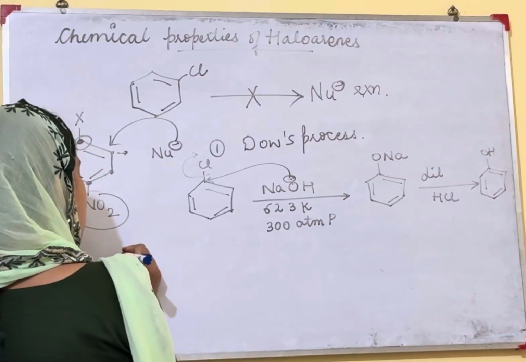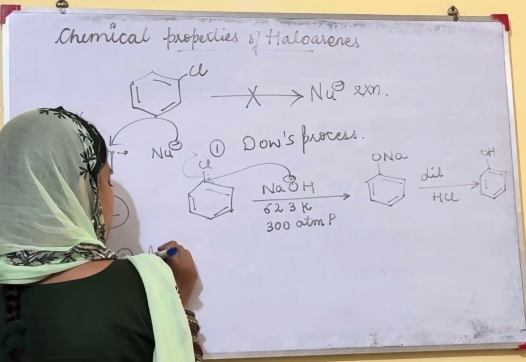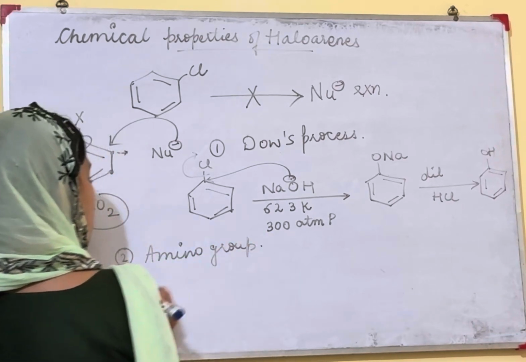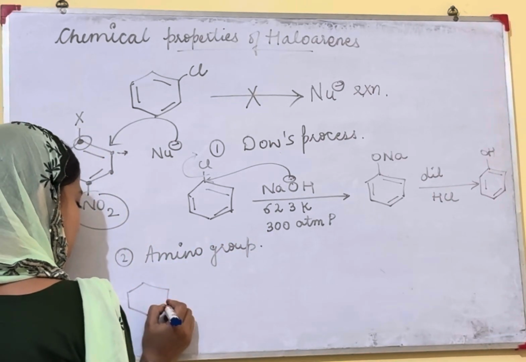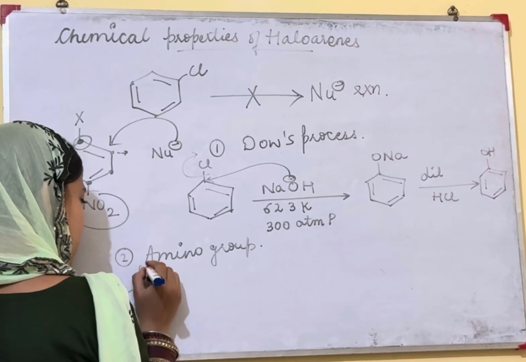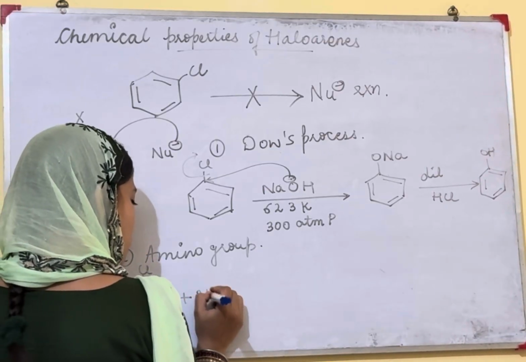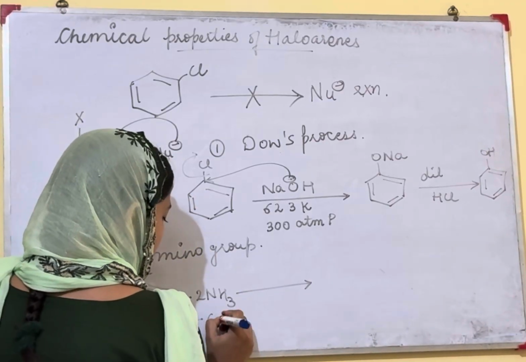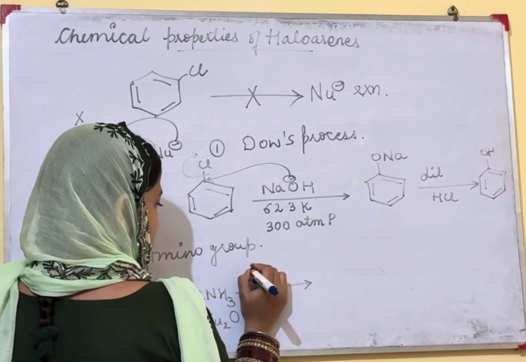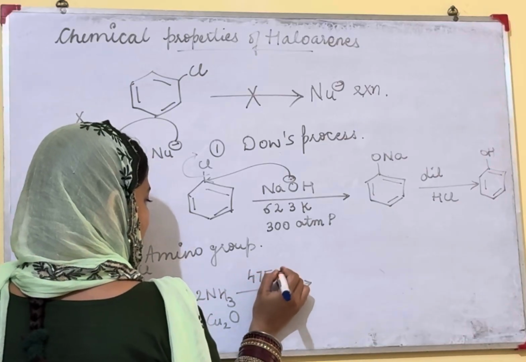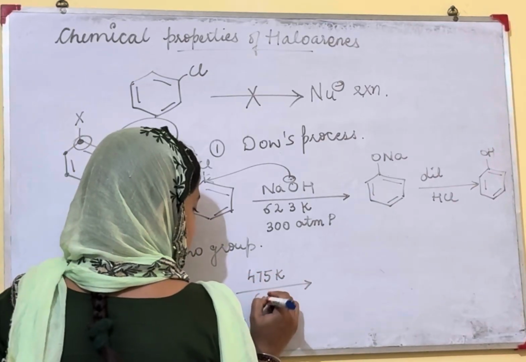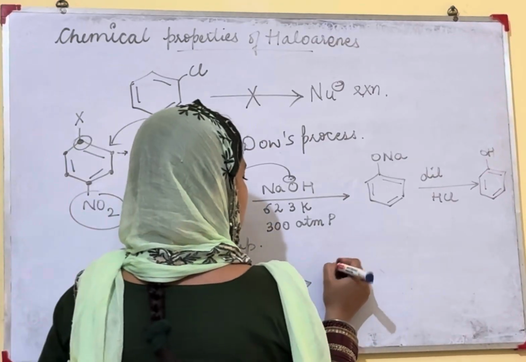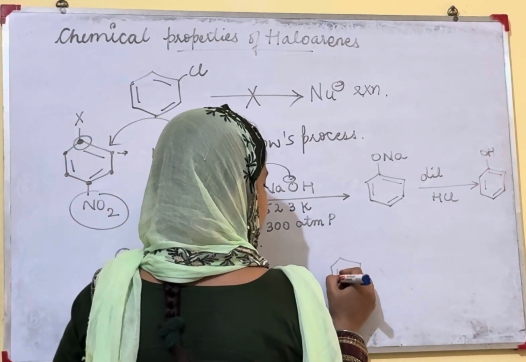Next is substitution by amino group. If we take any haloarene, addition of ammonia in the presence of copper oxide, at 475 Kelvin temperature and 60 atmosphere pressure on heat, will lead to the formation of aniline.